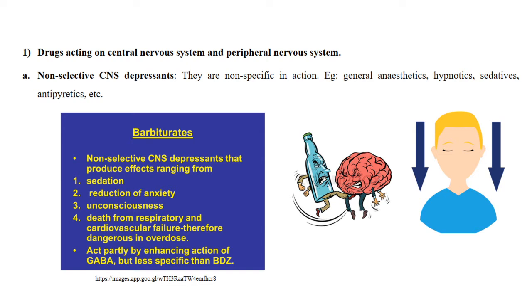Okay, so the mode of action is, it will be enhancing gamma aminobutyric acid. Okay, this is a neurotransmitter that is secreted in our central nervous system, and it has an inhibitory action. In general, some neurotransmitters will have inhibitory activity and some will have excitatory activity.